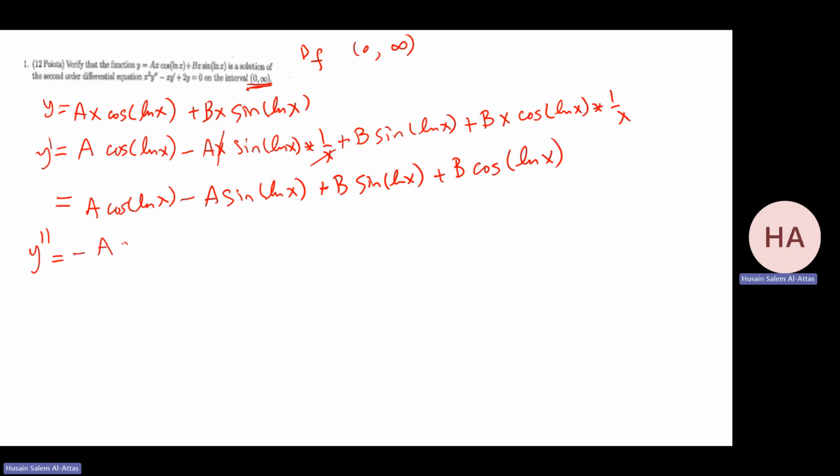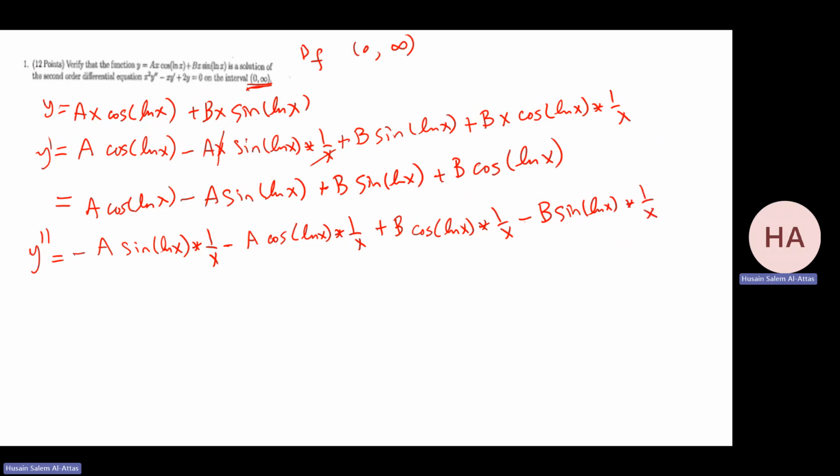Minus a sine ln x times 1 over x, and minus a cosine ln x times 1 over x, plus b cosine ln x times 1 over x, minus b sine ln x times 1 over x. Okay, so this is multiplied by x squared, this by minus x, this by 2.